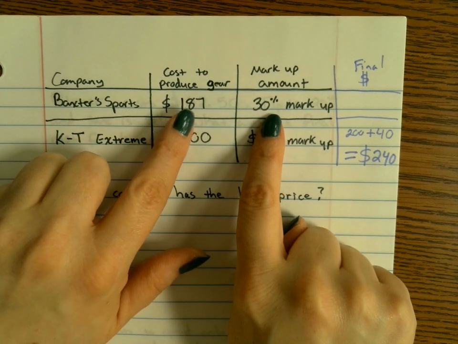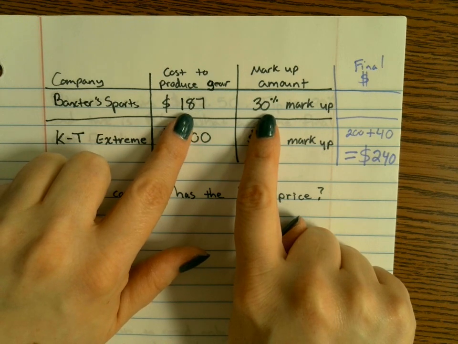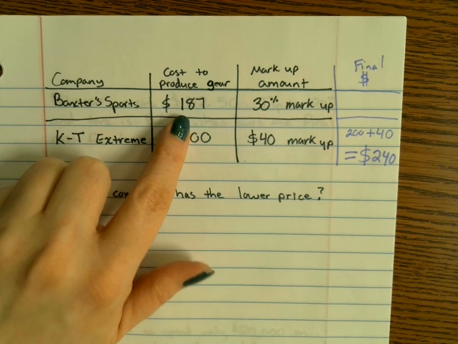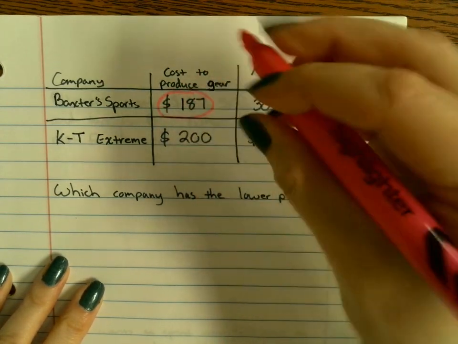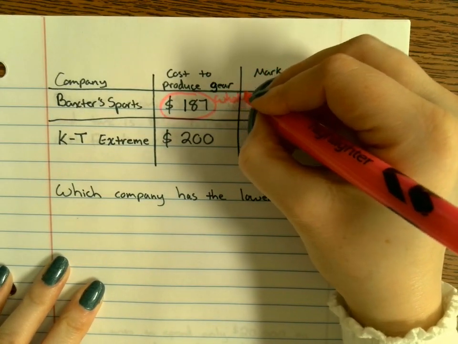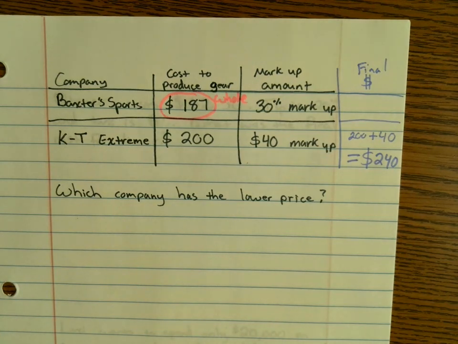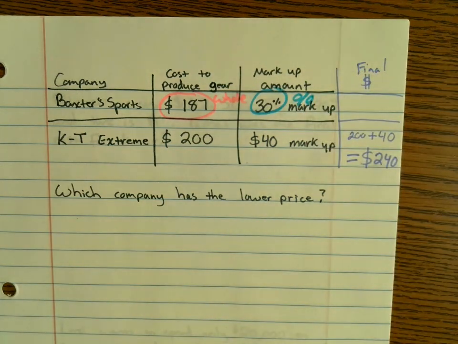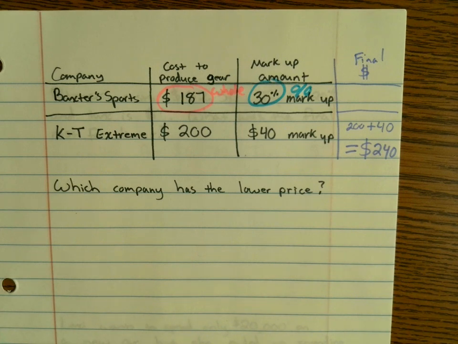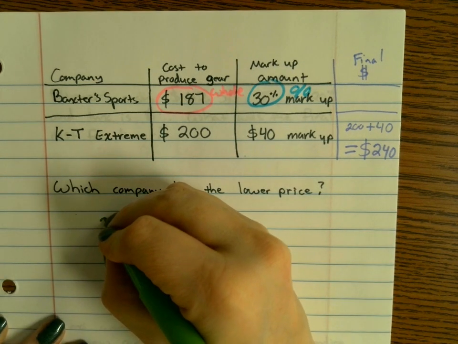For Baxter Sports, that's a little bit different. This one is going to be a percentage markup. So what we have to do is take 187 as the whole. I'm going to write whole here. That's my whole. And then my 30%, that's going to be my percentage, so I'll write a little percent sign right behind it. I'm going to set it up into my percent proportion. We have our part, which is missing.